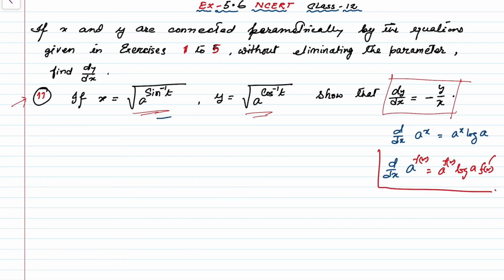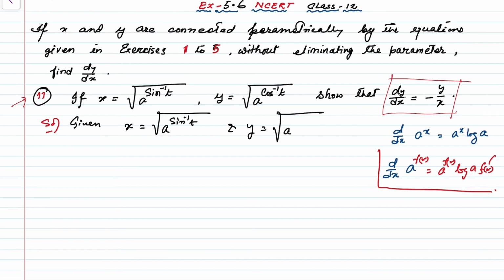So this is 1, this is 2. So let me write the solution separately. Okay, so given x is equal to root over a to the power sine inverse t and y is equal to root over a to the power cos inverse t.